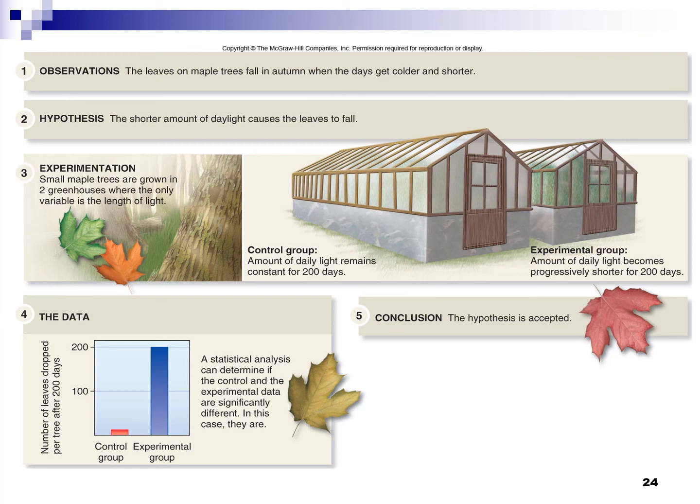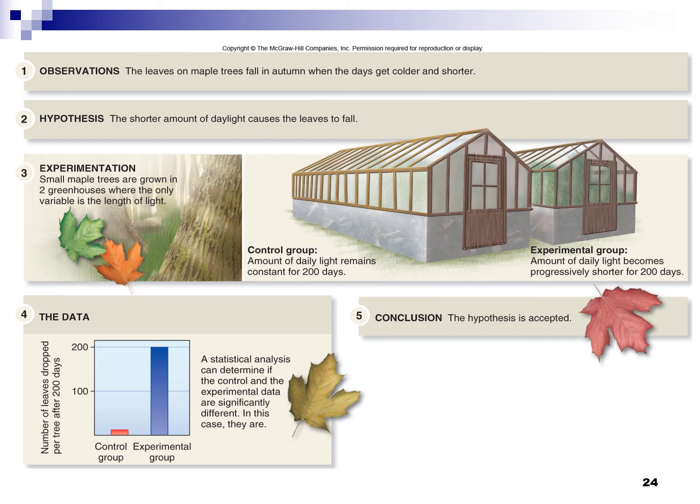The control group is very important because the control group is unchanged in the variable. So we didn't change the variable being the amount of daylight. So that's constant. You need this control group so you can compare it to the experimental group. So let's look at the data analysis, analyzing the data. The control group only lost maybe 20 leaves, but the experimental group lost 200 leaves.